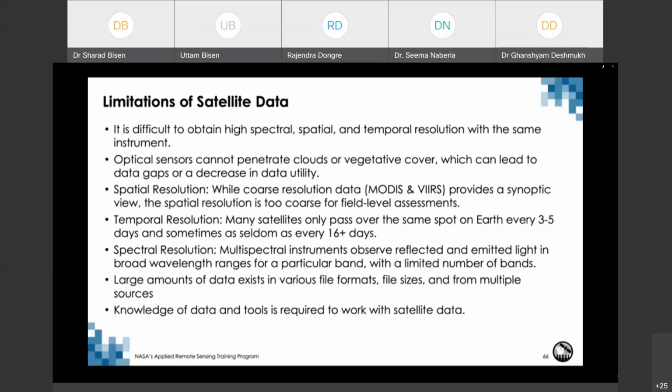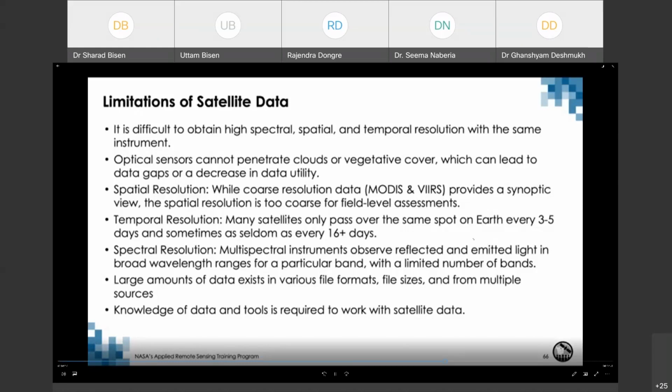The solution is a space-based hyperspectral instrument, but currently there are no freely available and operational hyperspectral sensors on a space-based platform. They currently only exist as aerial sensors, which are flown on airplanes, such as NASA's AVIRIS instrument.